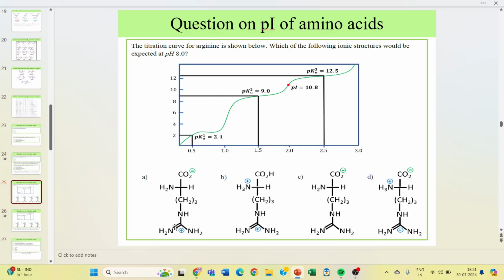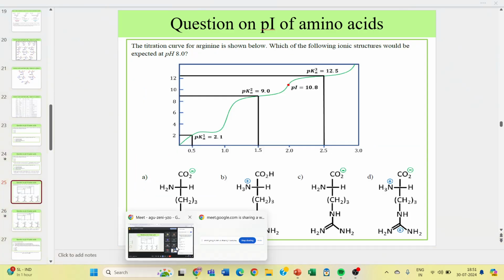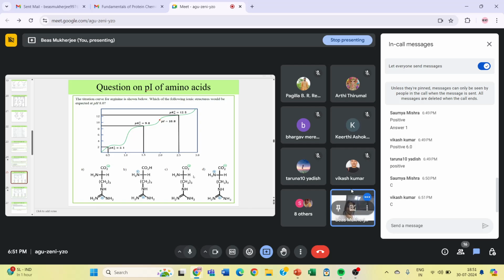Right? Now we will go to the next question. I hope it is clear. Okay. Now you try to solve this. Right. So this is your titration curve. Now what happens here is there is a particular amino acid given, which is arginine. This is a titration curve for arginine.